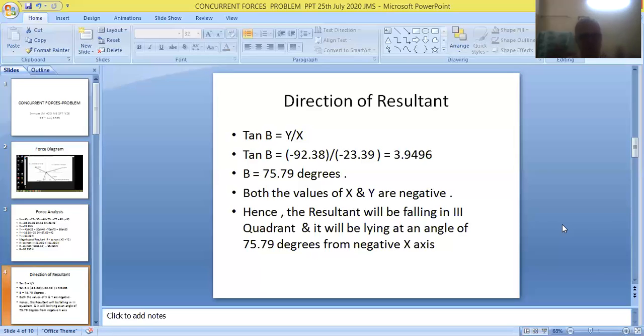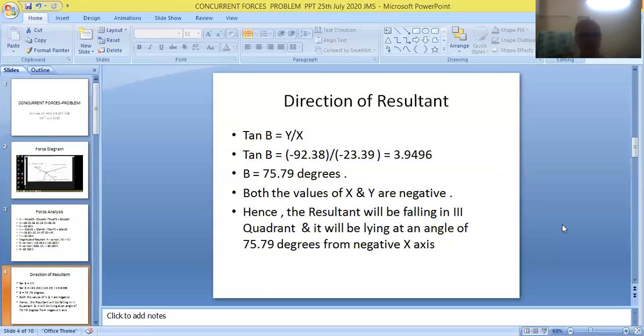After doing all this, we have to find out the magnitude of the resultant, the direction of the resultant, and finally indicate the location of the resultant.